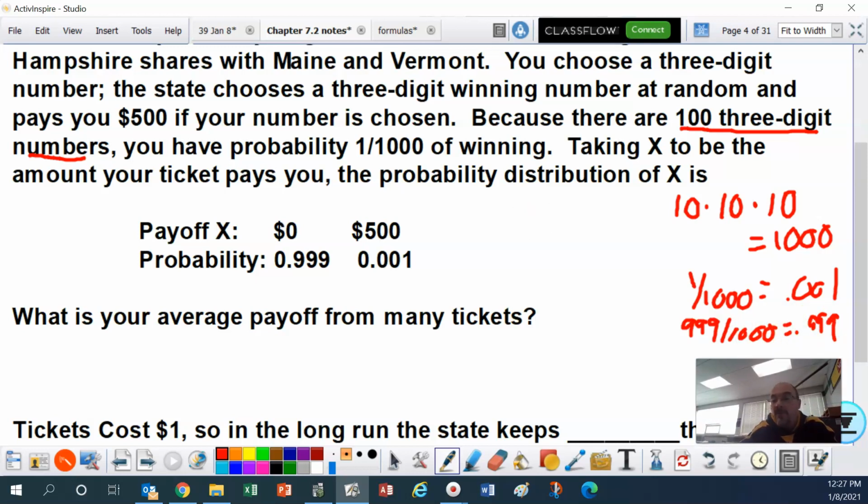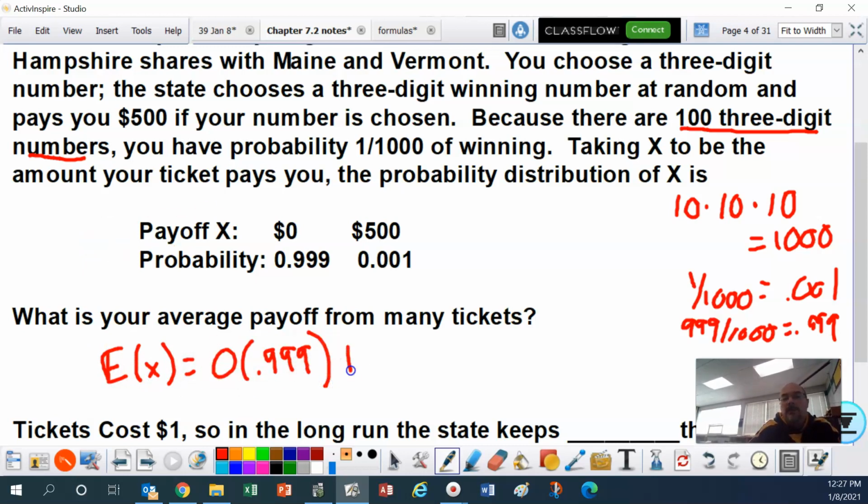Okay, what is your average payoff from many tickets? Now again, you don't have to use the 0, but I'm going to go ahead and do that anyway. So my expected payout is 0 times the 0.999 plus the 500 times the 0.001. Now again, that multiplying by the 0 does not mean anything.